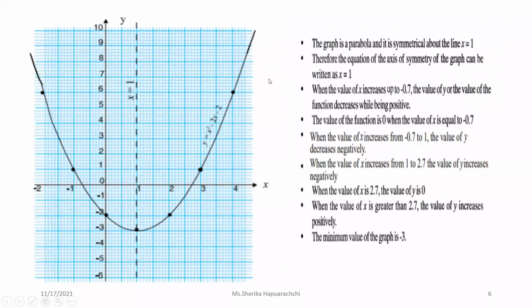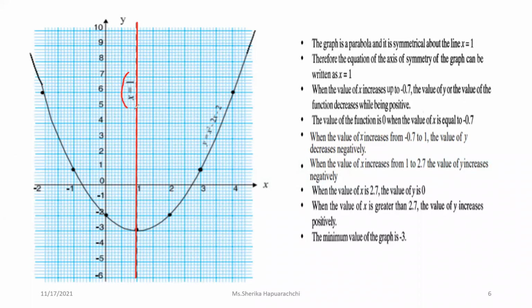Right. Now, from this graph, you can identify the line of symmetry and the minimum value. Like that, you can identify many more pieces of information, right? Let me show some of the information. Now we know this is our line of symmetry. See, this is my line of symmetry. So according to this graph, my line of symmetry should be x equals 1.